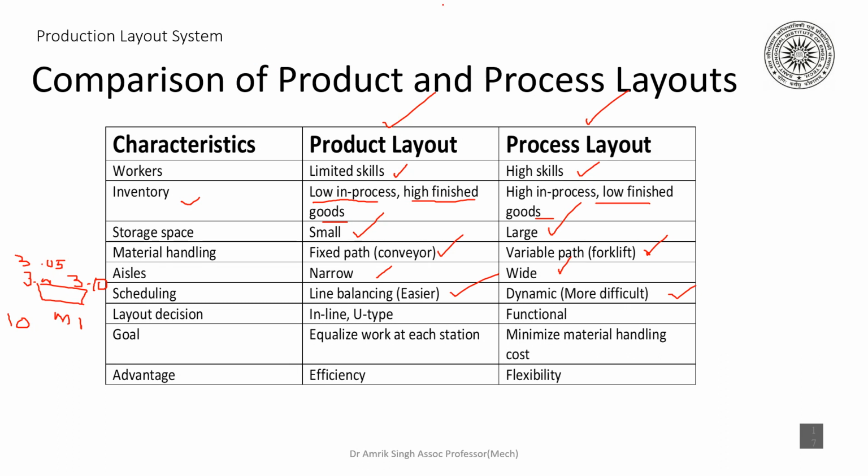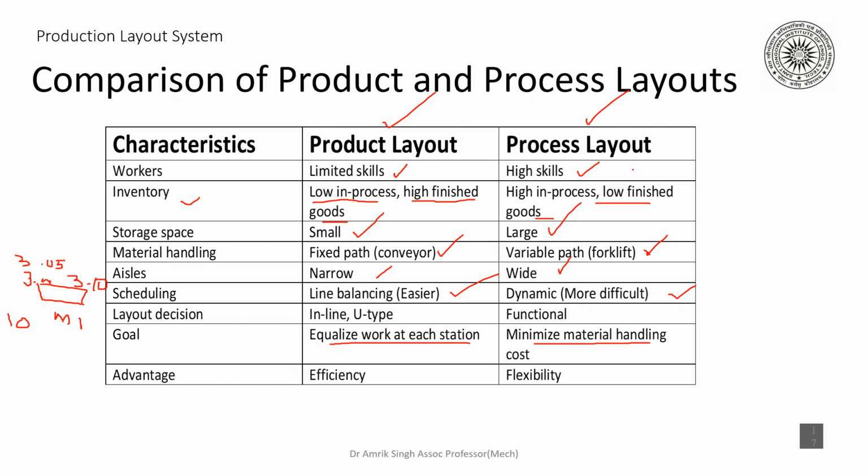Then layout decision. So layout can be inline or layout can be of U type. And here the layout is according to the function. Goal: equalize the work at each station. Because it is line type, we have to equalize the work time at each station, and minimize the material handling cost.